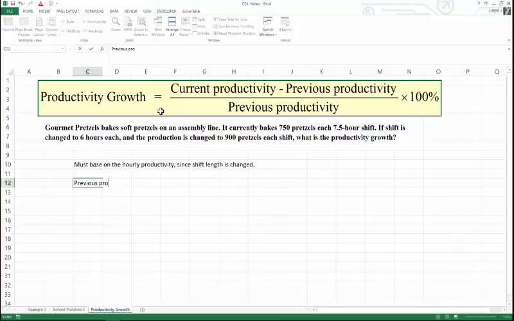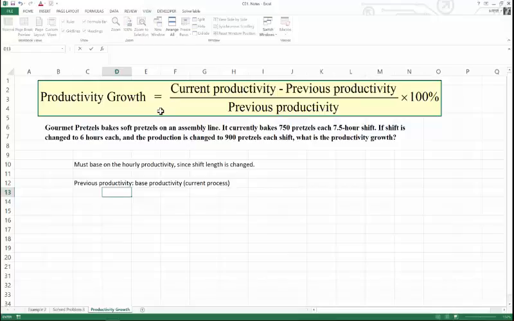So now, what is the previous productivity, which is the base productivity? That is our current process.